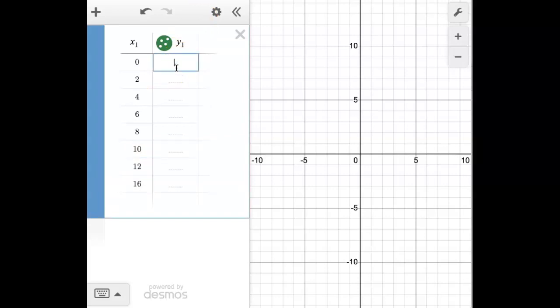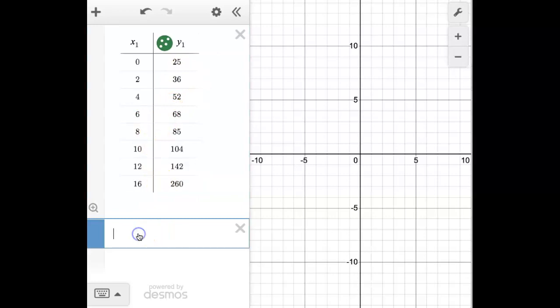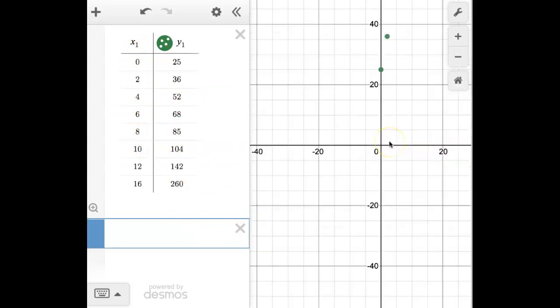The associated outputs were 25, 36, 52, 68, 85, 104, 142, and 260. Again, I'm not exactly sure what the equation would be, right? So I'm using DESMOS for that.